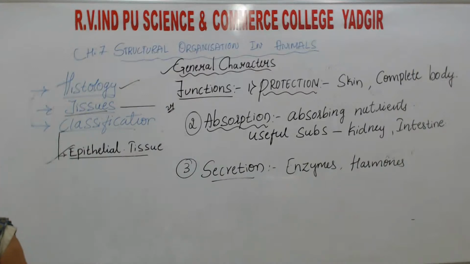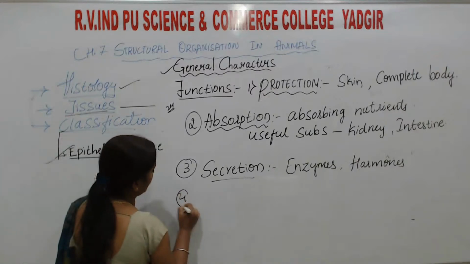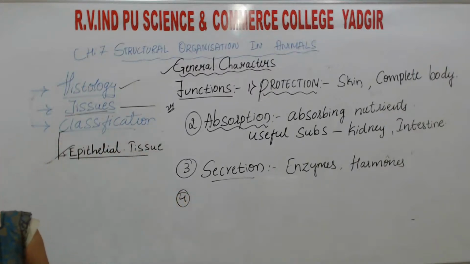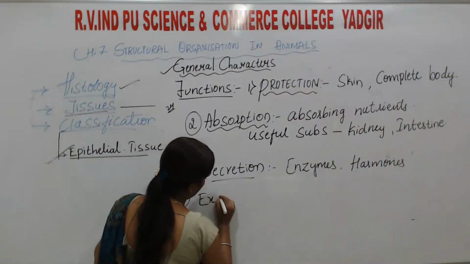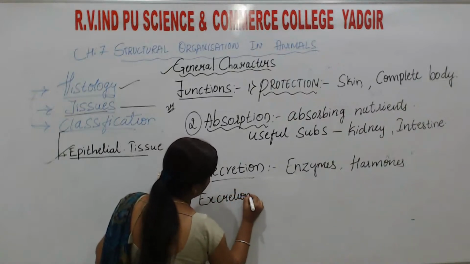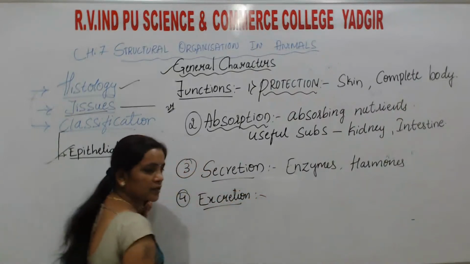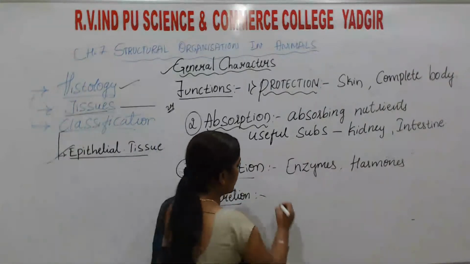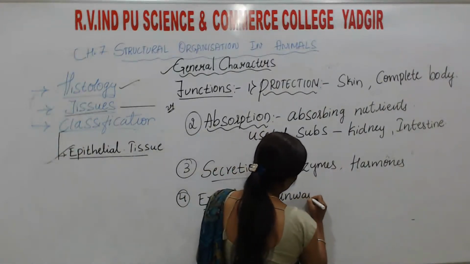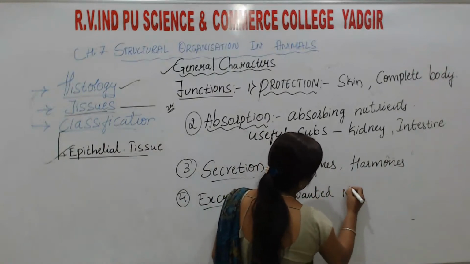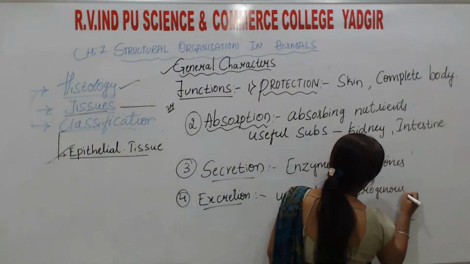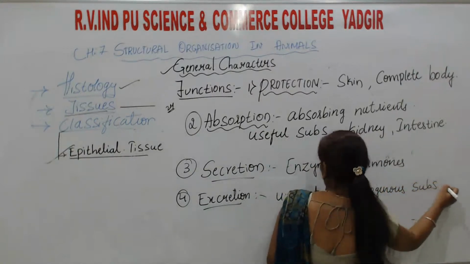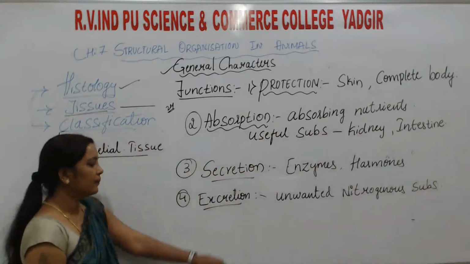Next, epithelial tissue also acts in excretion. How? By removing unwanted nitrogenous substances.